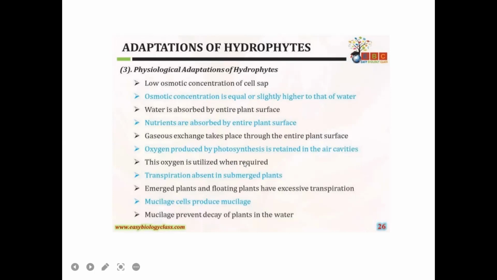Oxygen produced by photosynthesis is retained in the air cavities and utilized when required. Transpiration is absent in submerged plants, while emergent and floating plants have excessive transpiration. Mucilage cells produce mucilage, which prevents decay of plants in the water.